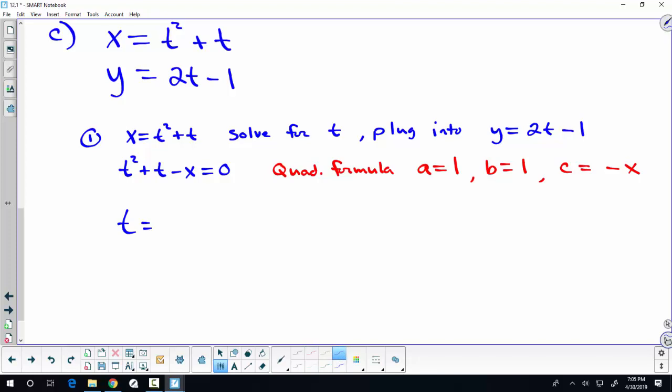So we have t is the opposite of b, plus or minus the square root of b squared minus 4 times a times c, all over 2a.